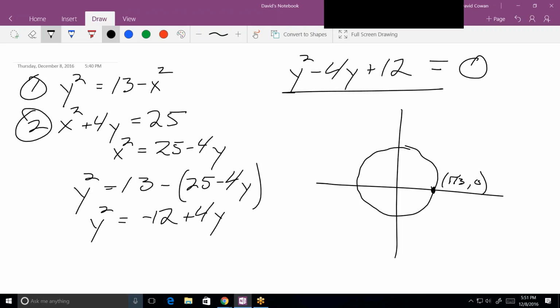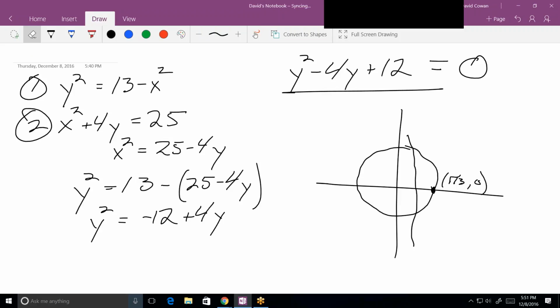Without us doing the math, just because we can get more done if we don't do the math, let's assume we're looking at a parabola that does something like this. We have 4 points of intersection, and those are 4 solutions to this problem. You could find those on your graphing calculator. You can also find them by solving this.